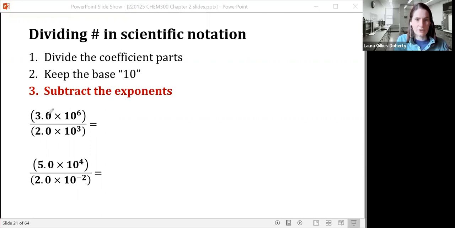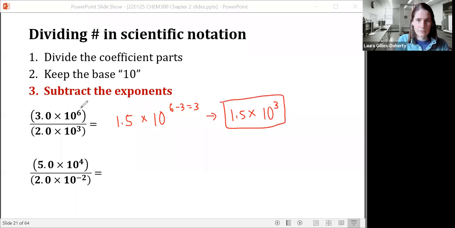So we're going to divide the coefficients. 3 divided by 2 is 1.5. Keep the base 10, and then we subtract the exponents. 6 minus 3 equals 3. So we get 1.5 times 10 to the 3rd.